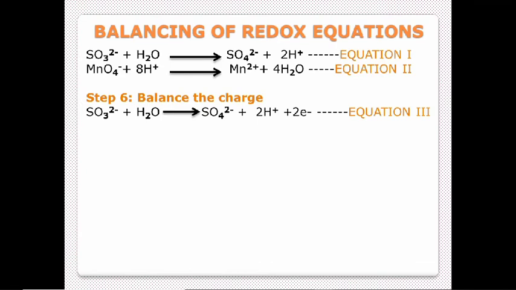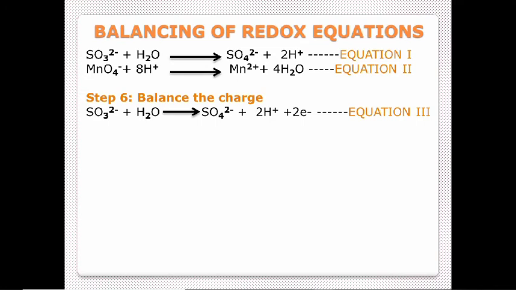Now let's consider equation 2. We have 1 molecule of permanganate ion times minus 1, the charge, that gives minus 1, plus 8 times plus 1 for the hydrogen ion, that gives plus 8.